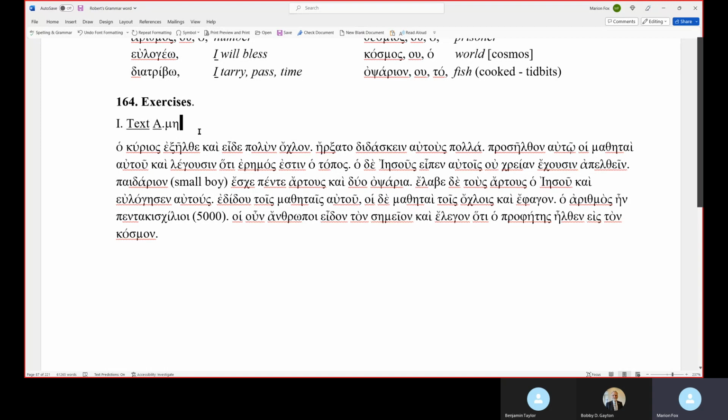In other words, it negates verbs that are in the imperative mood, subjunctive mood, and optative mood, not in the indicative mood. Ou negates verbs in the indicative mood. Me negates other verbs, infinitives, and participles. Okay?